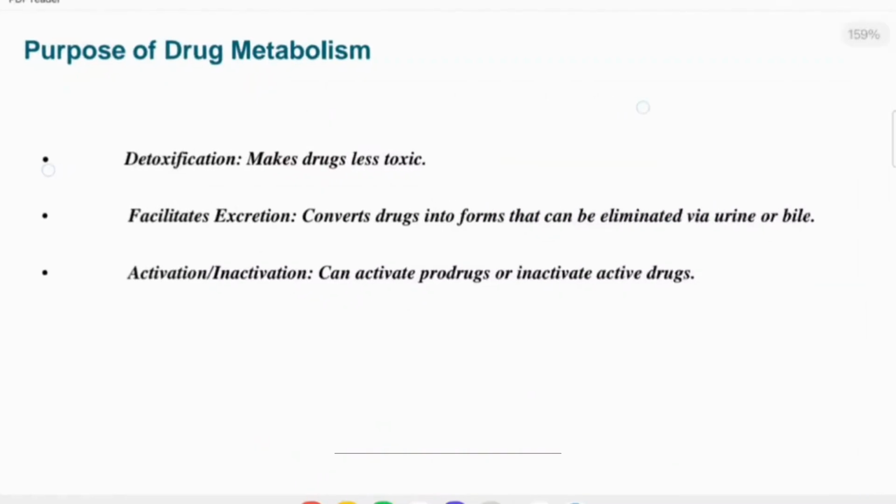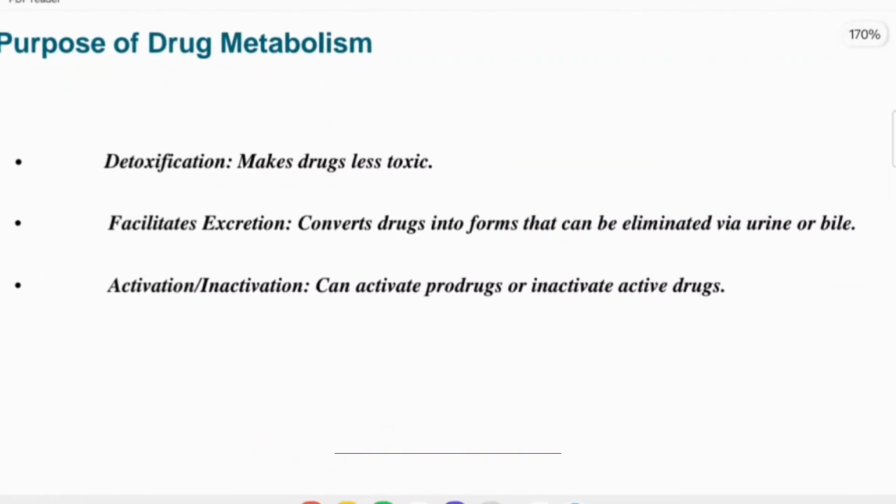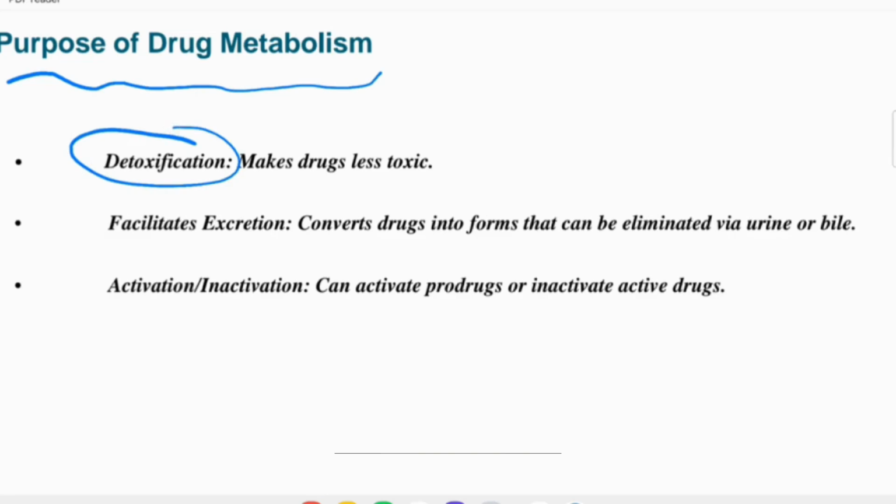Now, what is the purpose of drug metabolism? The main purpose is detoxification, that is to make the drugs less toxic, and the second one is to facilitate excretion, meaning it converts the drugs into forms that can be easily eliminated through urine and bile.